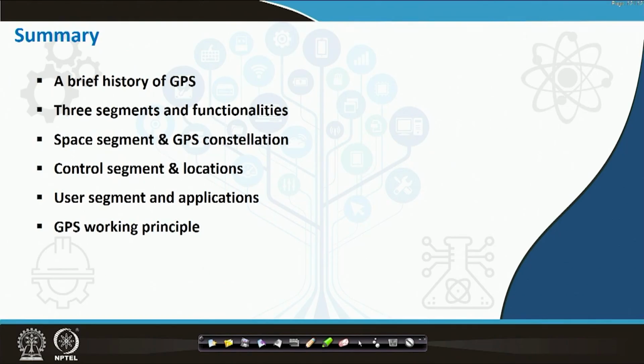So we looked at how the space segment is located. There are about 24 satellite vehicles at every 60 degrees. So you have 6 working planes. So with this you have the entire constellation, and each satellite is inclined at 55 degrees. So this is what we mean by the space segment. Then we looked at control segments and their location.